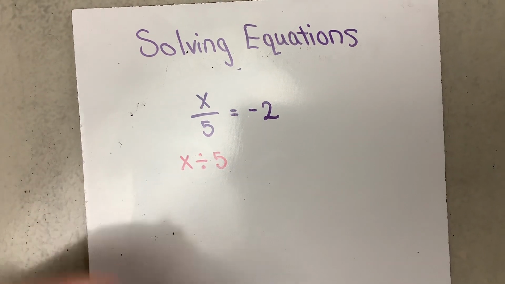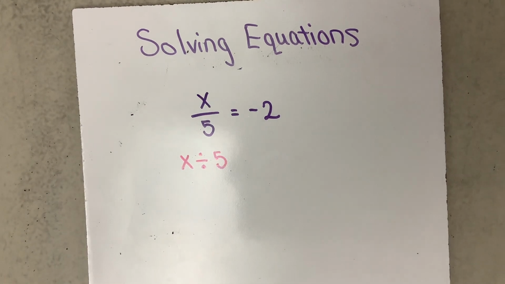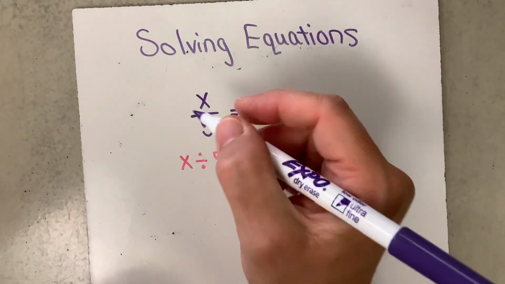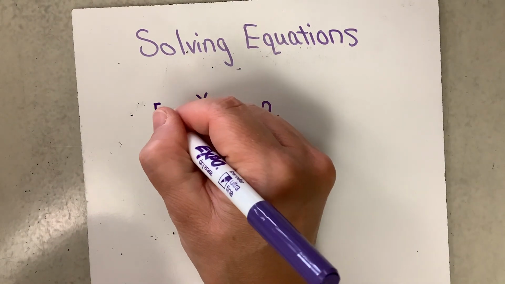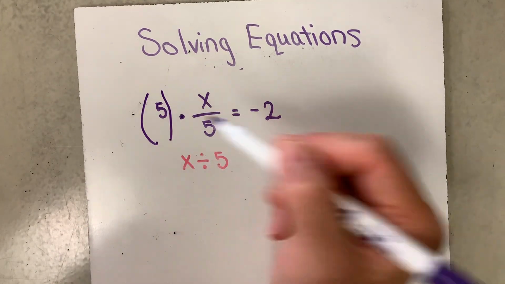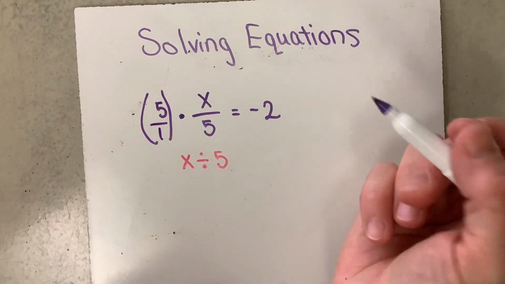So that means the opposite of division would be multiplication, all right? Now, the better way to write this is I'm going to multiply this by 5. Now, if there was a negative, I'd probably put a parenthesis around it. Because this is a fraction, you could put a 1 under it if you'd like.